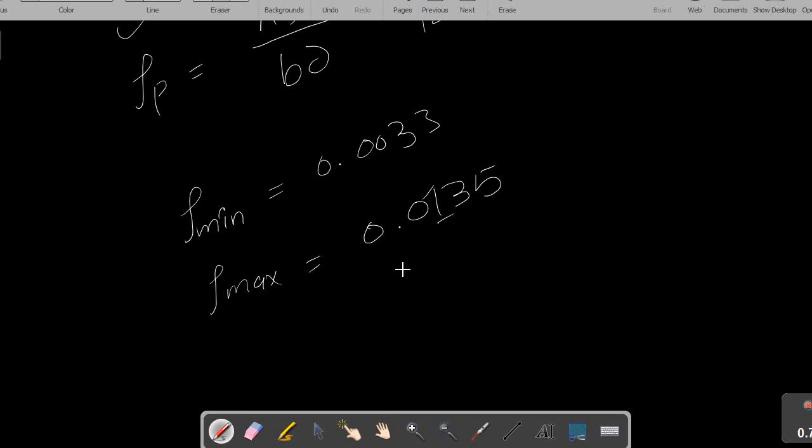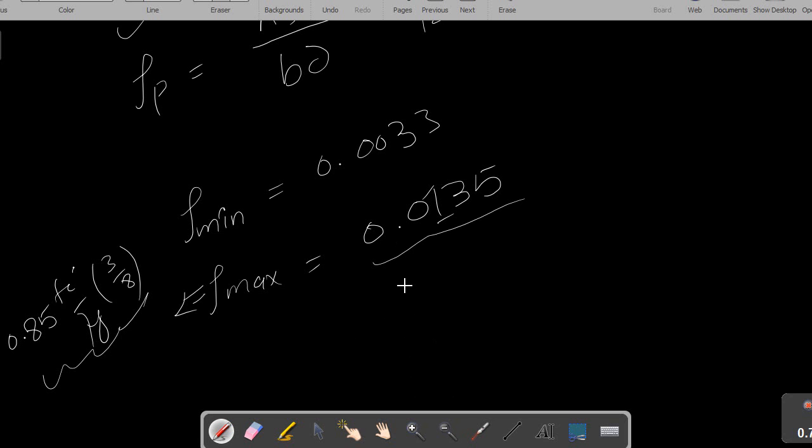I calculated it from the equation 0.85 fc prime divided by Fy times 3 by 8, and the value is this one.